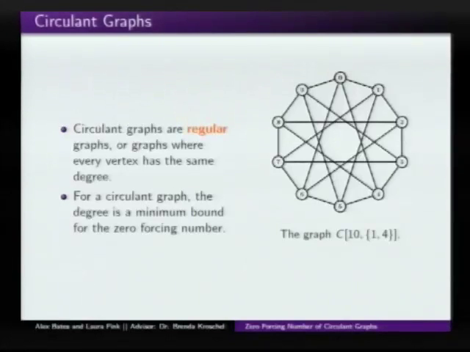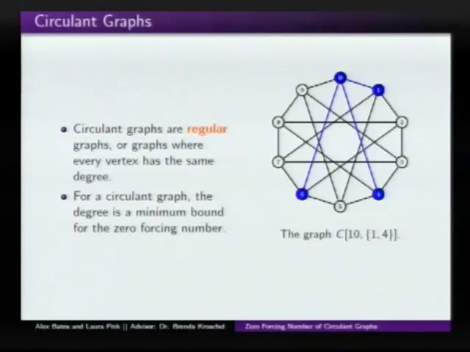And for a circulant graph, we saw that the degree is a minimum bound for the zero forcing number. So what do we mean by that? What we mean is that you need to start off with at least 4 vertices colored, or 4 vertices blue, to force even one vertex of the graph.